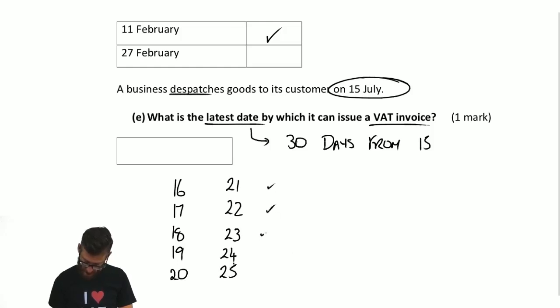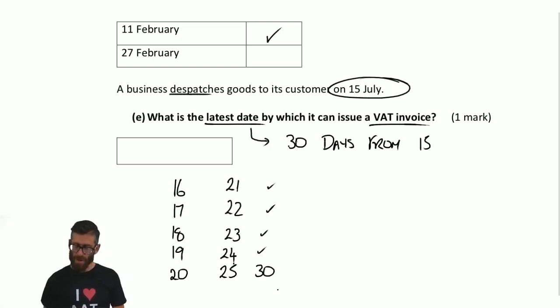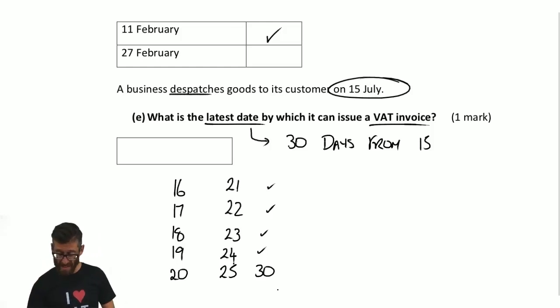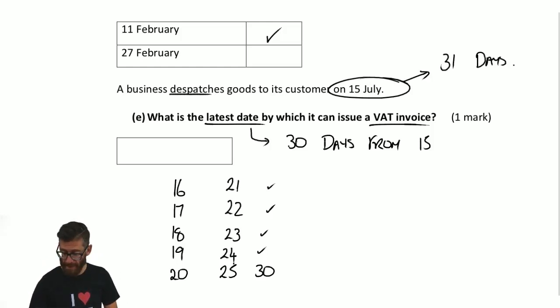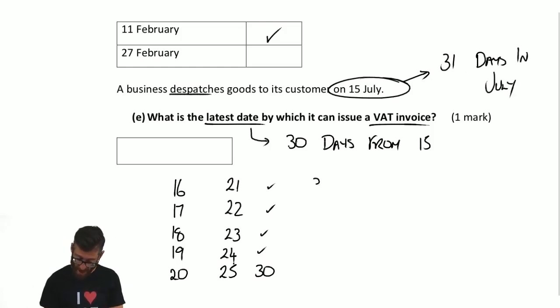Okay, you'll see my technique here. I've got the 30th. Now, July. If you don't know this, January, February, March, April, May, June, July has 31 days. There are 31 days in July. That means there would have been the 31st and then the 1st of August, 2nd, 3rd, a magical day, and the 4th.